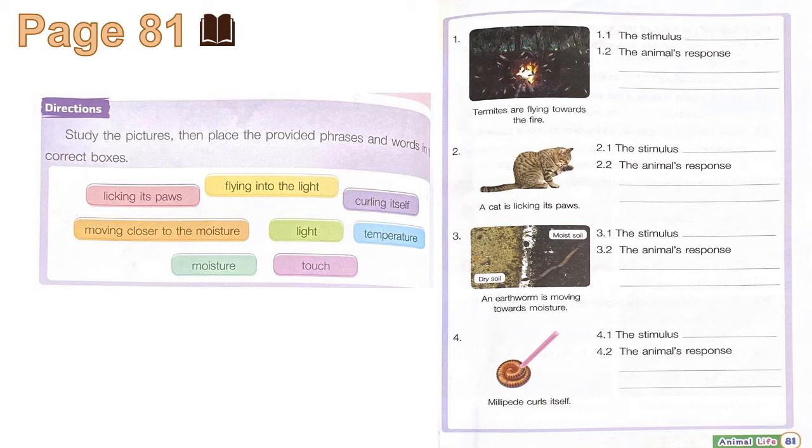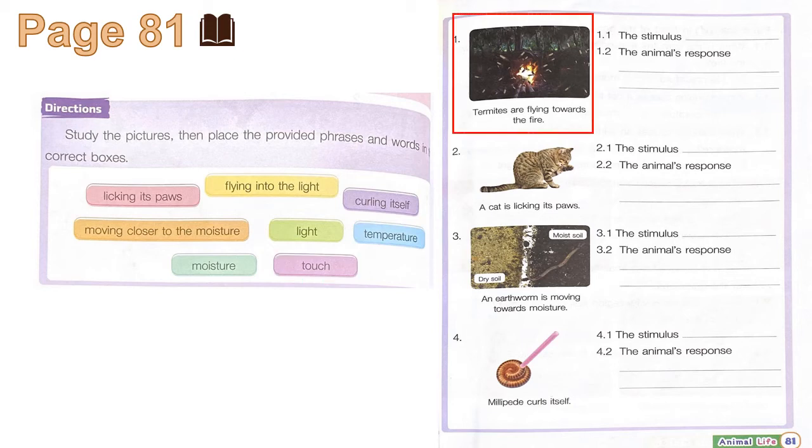Study the pictures, then place the provided phrases and words in the blank. We have here words such as licking its paws, flying into the light, curling itself, moving closer to the moisture, light, temperature, moisture, and touch.